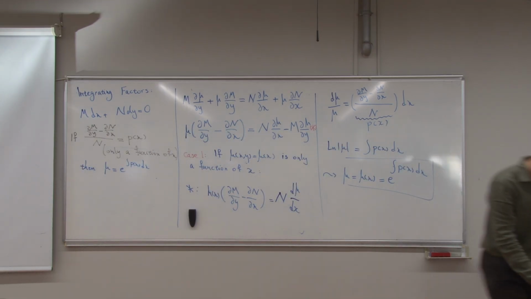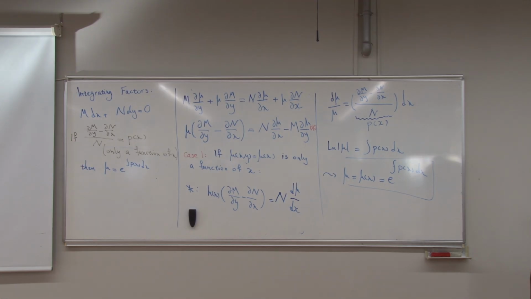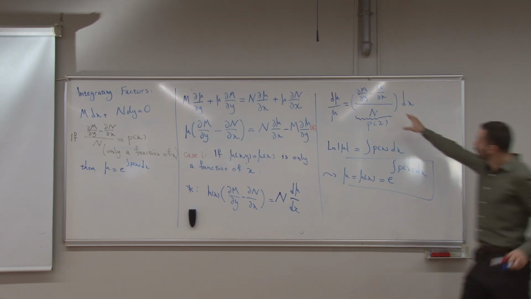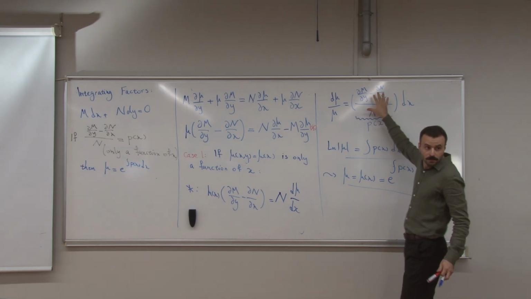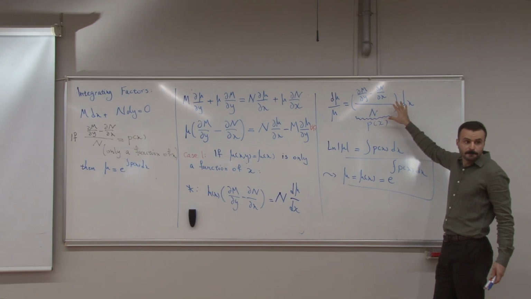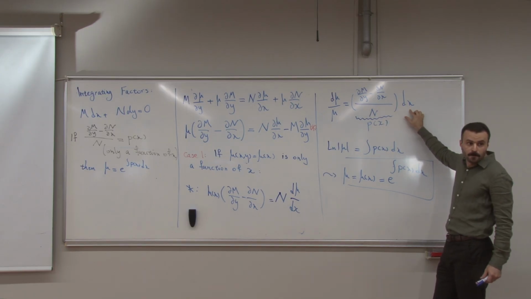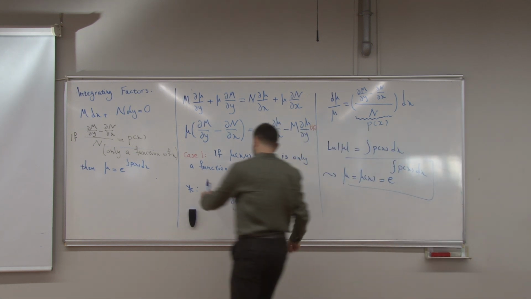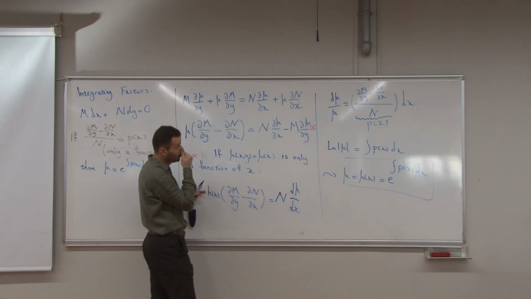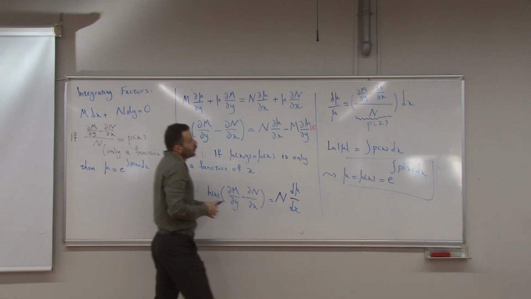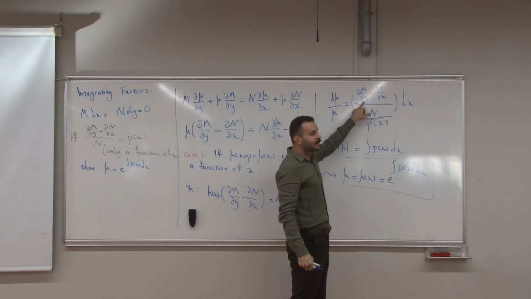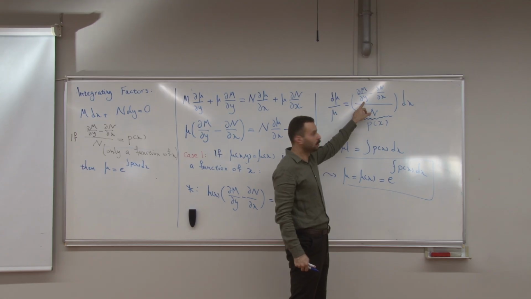My second case here can be this. We were writing it wrong. From N, I'm taking the partial derivative with respect to y. It has nothing to do with mu.